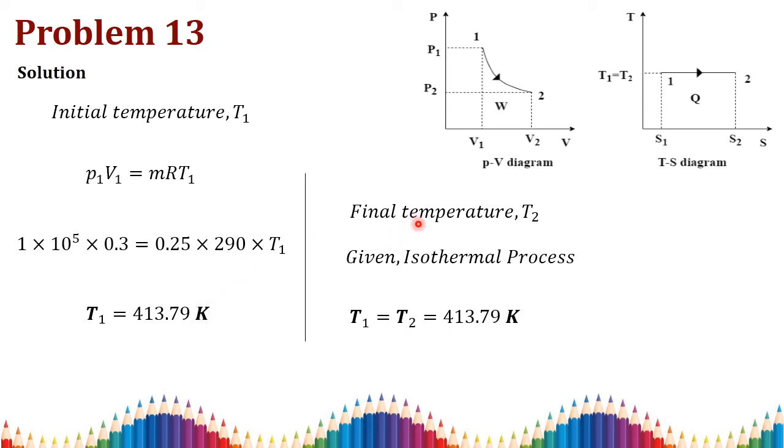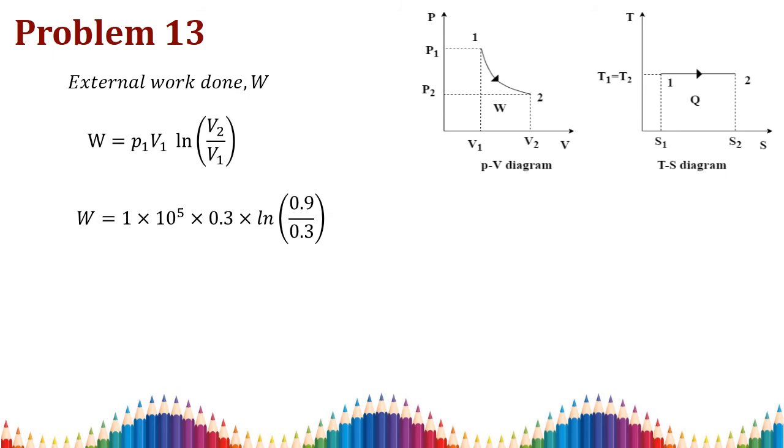Then we need to find the final temperature. Given that it is an isothermal process, T1 is equal to T2, so throughout this process the temperature is equal. So we can write T2 is equal to 413.79 Kelvin. Next we are going to find the external work done. Work done is equal to P1 V1 ln of V2 by V1.